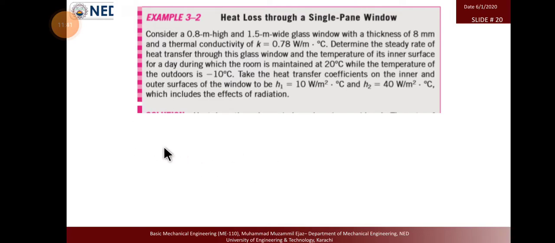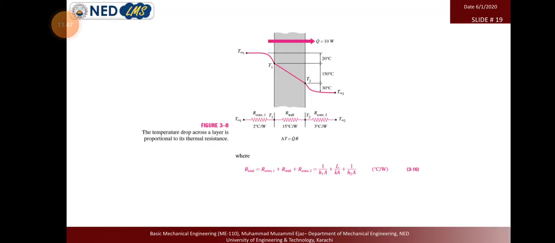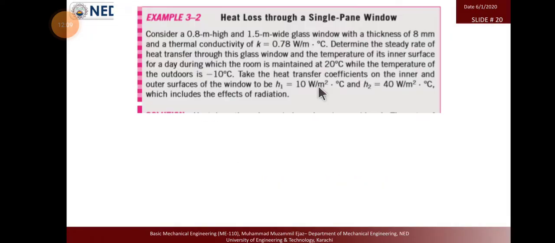But we don't have the temperature of the surface of the wall, so by this resistance concept, we just skip that step. We can skip the heat transfer step from this to this, from this to this, and then this to this. We can directly calculate the heat transfer from this point to this point. This is a high temperature, this is a lower temperature.